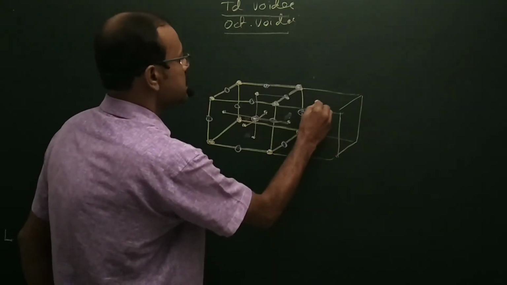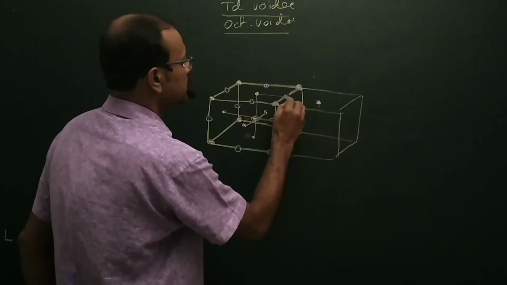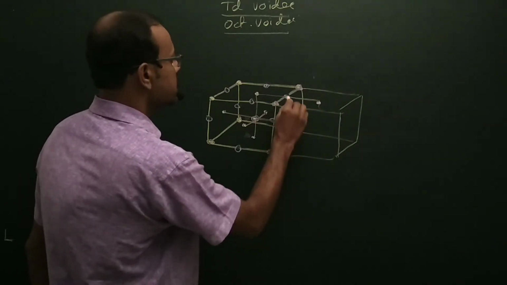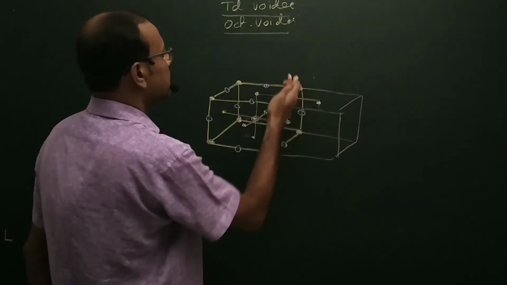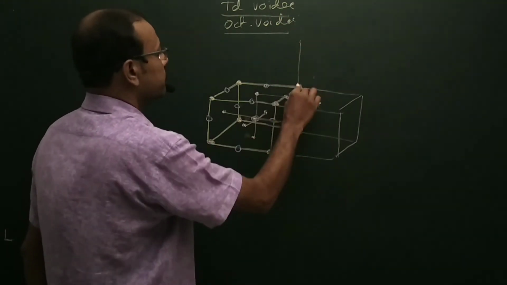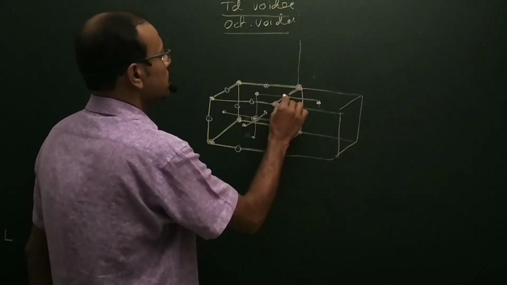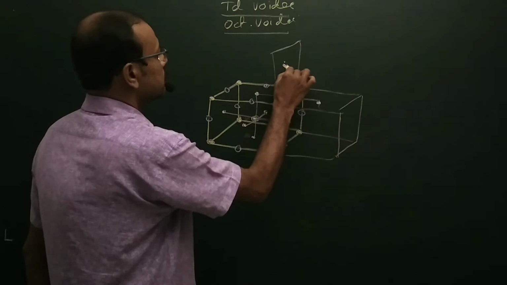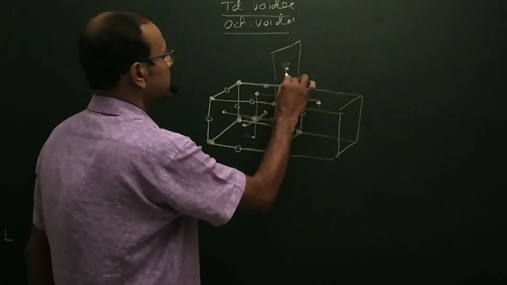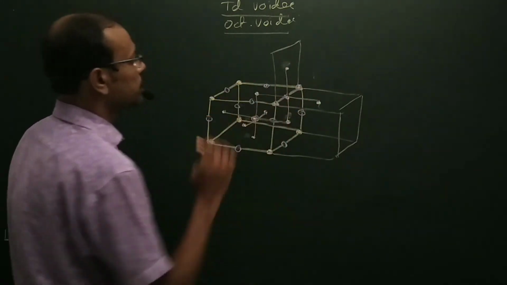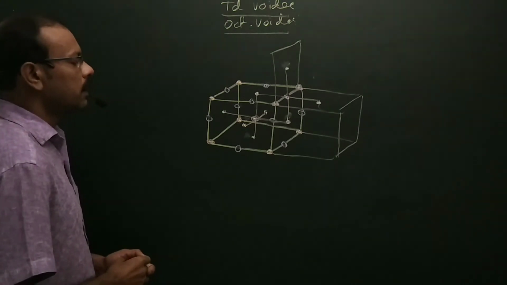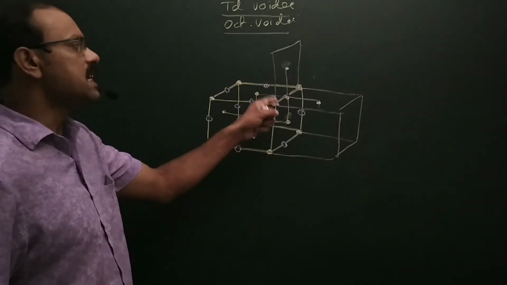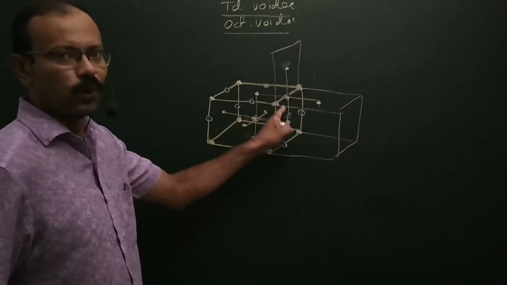Now at this face there is another particle, and downward at this face there is another particle, and upward there are other cubes. So at the face of another cube there is another particle. So you see, there is another octahedral hole. So inside the body there is one octahedral hole, and each edge is associated with one octahedral hole.